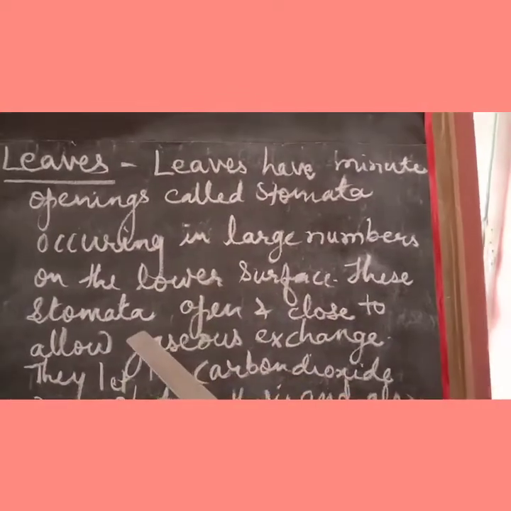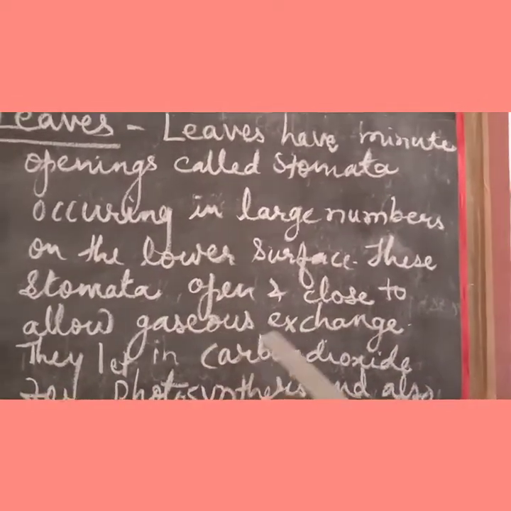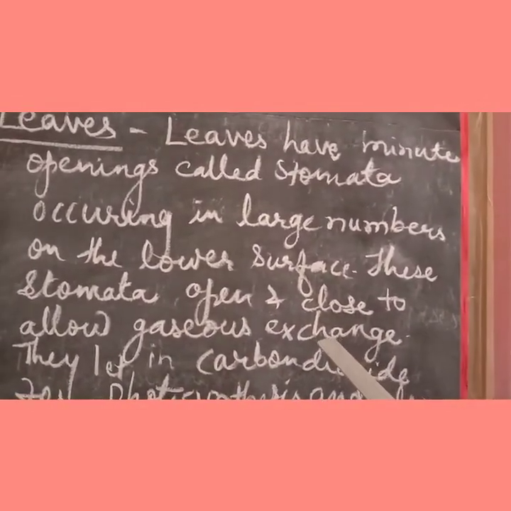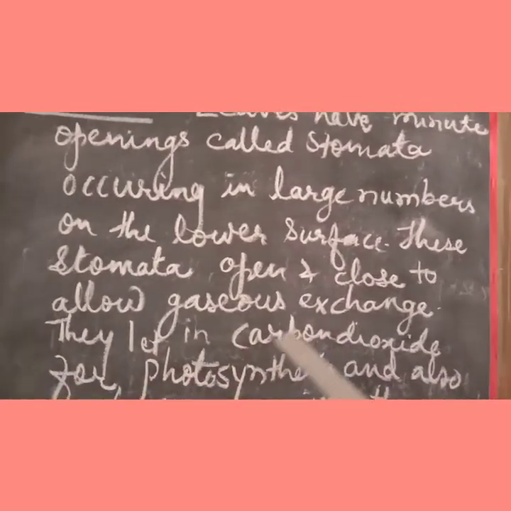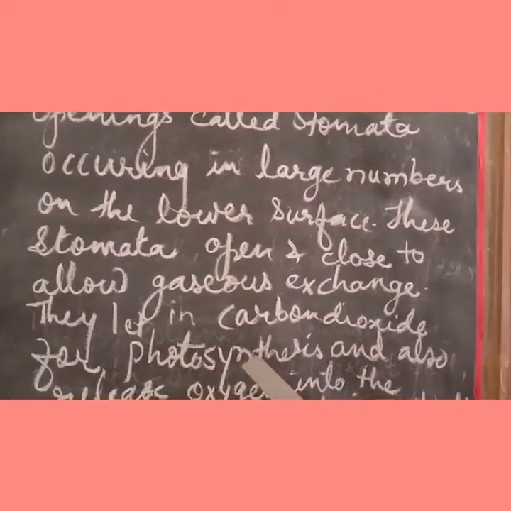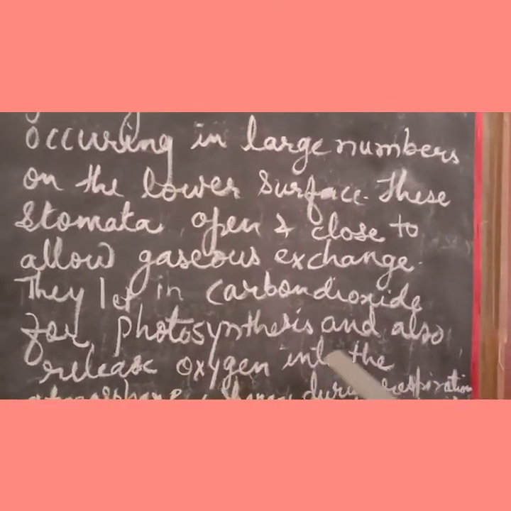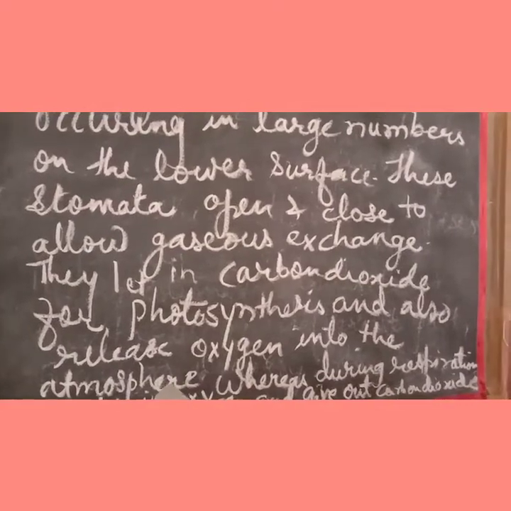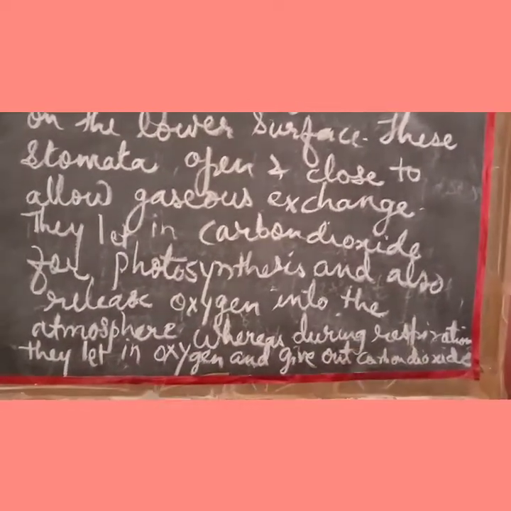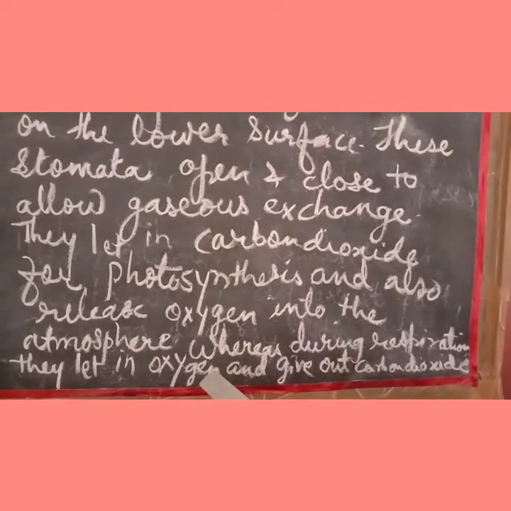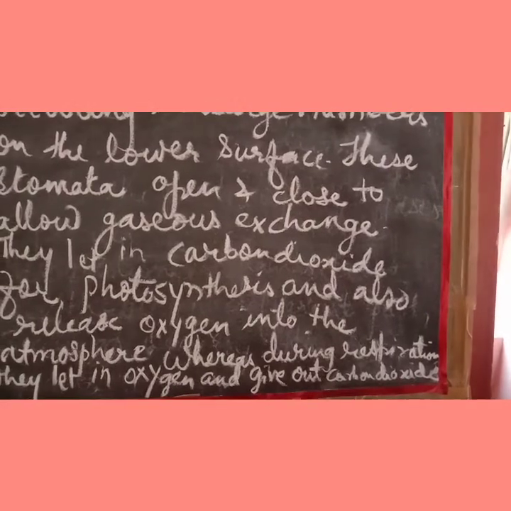These stomata open and close to allow gaseous exchange. They let in carbon dioxide for photosynthesis and release oxygen into the atmosphere. Whereas during respiration, they let in oxygen and give out carbon dioxide.